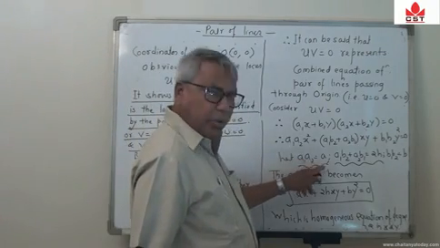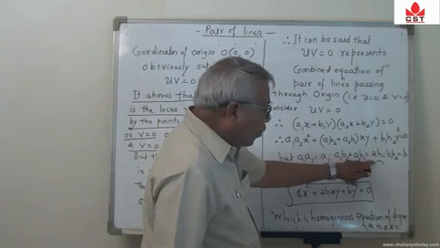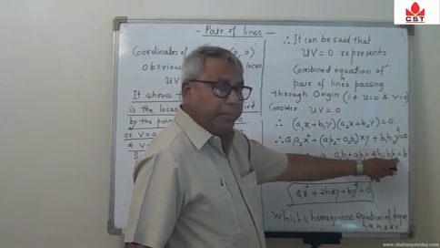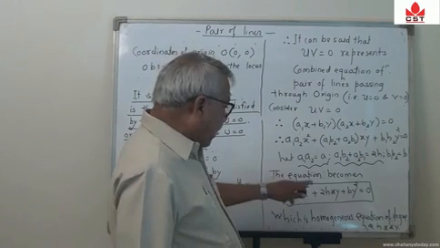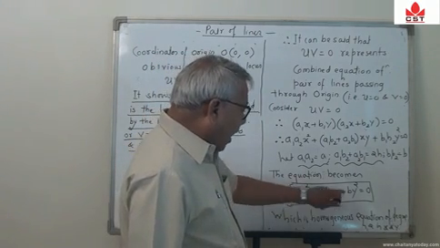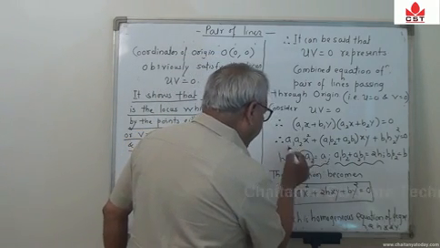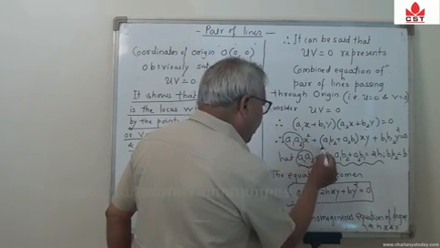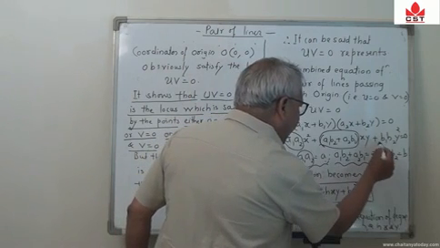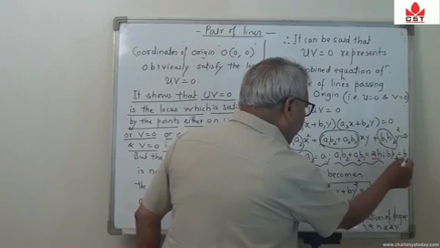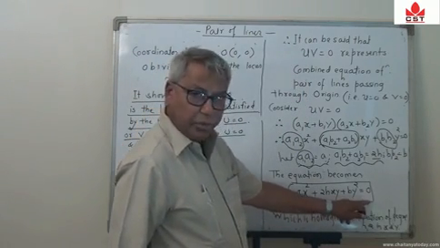Let a1a2 be denoted by a, a1b2 plus a2b1 be denoted by 2h, and b1b2 be equal to b. The equation becomes ax square plus 2hxy plus by square equal to 0.